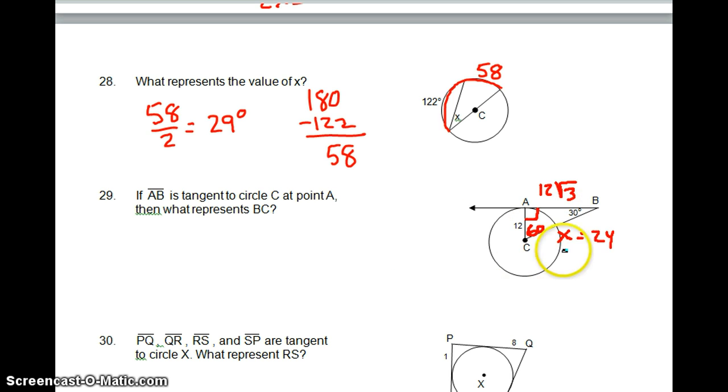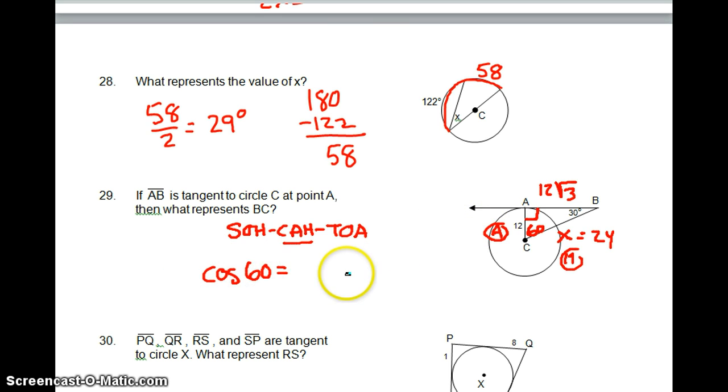But let's show you SOHCAHTOA on that. Never hurts to review SOHCAHTOA. Okay, we've got the angle. We've got the adjacent. And we're looking for the hypotenuse. So A and H, we've got in the middle, so we use cosine. So cosine, the angle measured is 60, equals adjacent over hypotenuse.